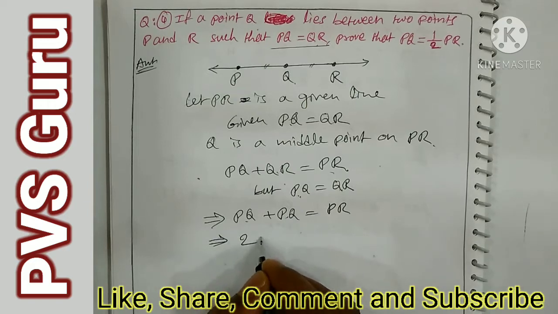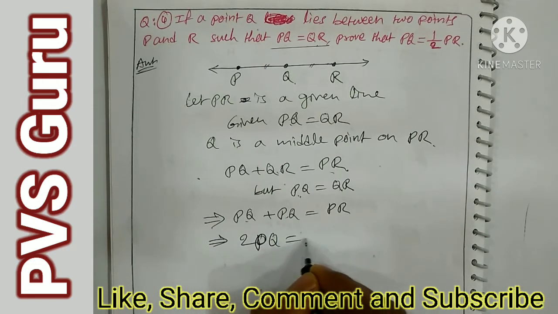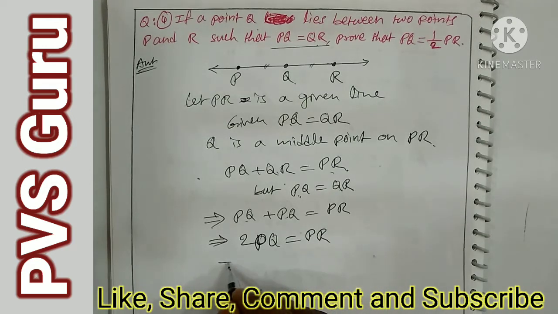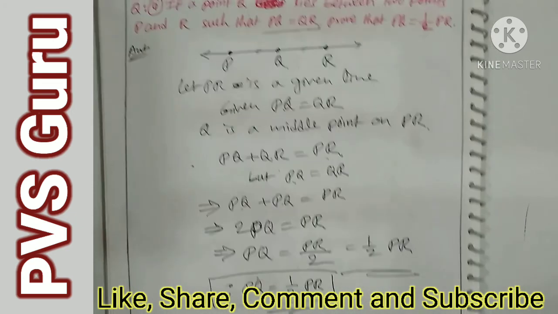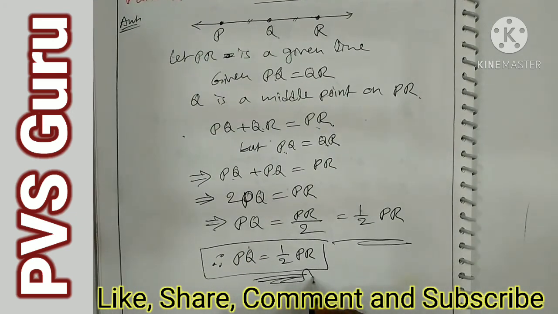PQ plus PQ is 2PQ. 2PQ is equal to PR. Then PQ is equal to PR by 2, which is nothing but 1 by 2 PR. Therefore PQ is equal to 1 by 2 PR. Hence it is proved.